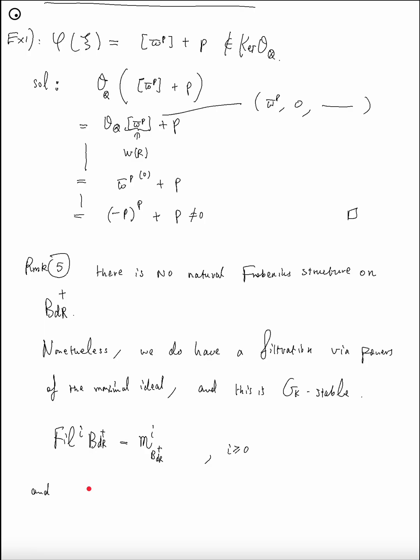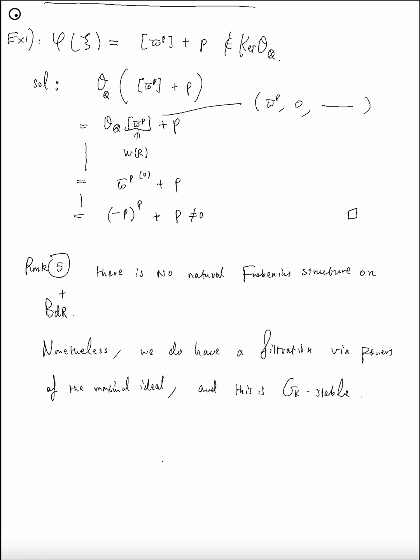And we define, for i less than 0, this just to be those just generated by t, right?